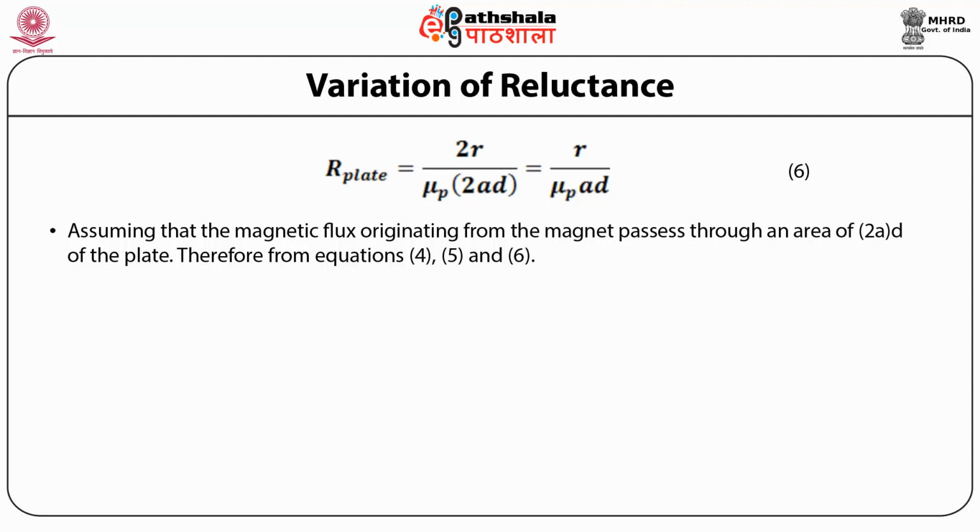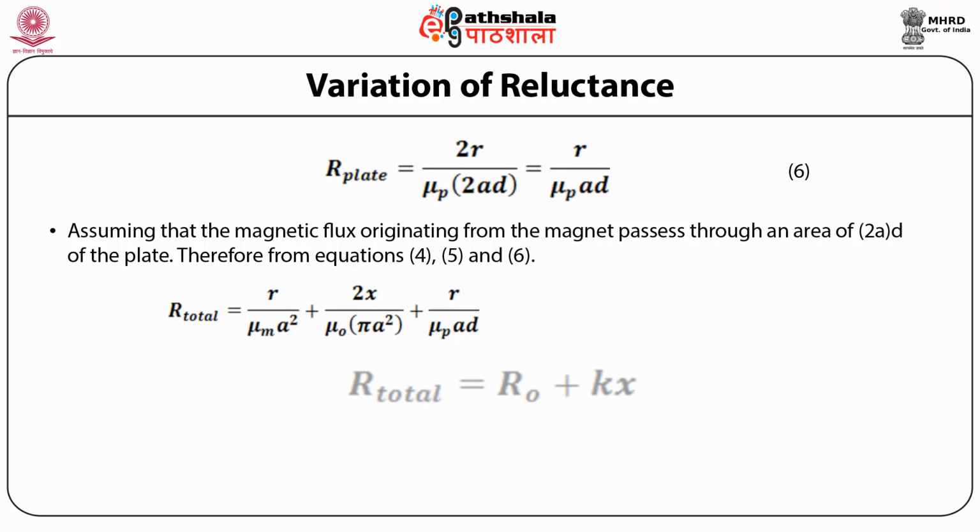Therefore, from equations 4, 5 and 6, we get R total equal to R by mu m a squared plus 2x by mu naught pi a squared plus R by mu p ad, which is equal to R by a multiplied by (1 by mu m a plus 1 by mu p d), plus 2x by mu naught pi a squared.